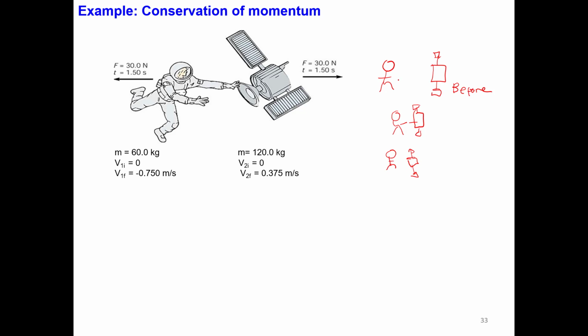And here the initial velocity is for object 1 and for object 2. The initial velocity for 1 was right here.